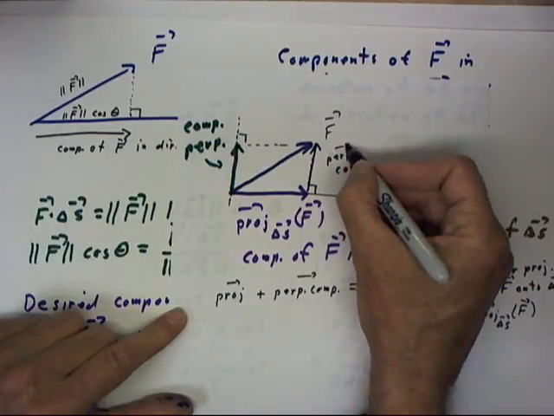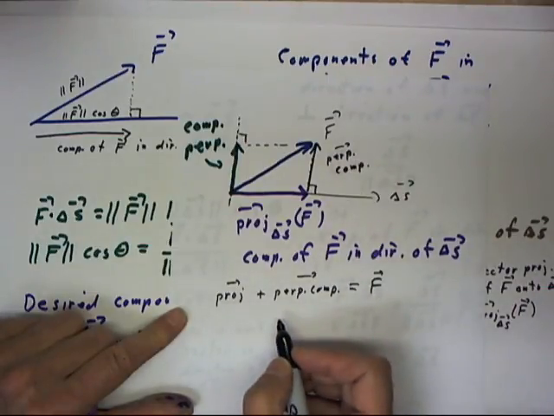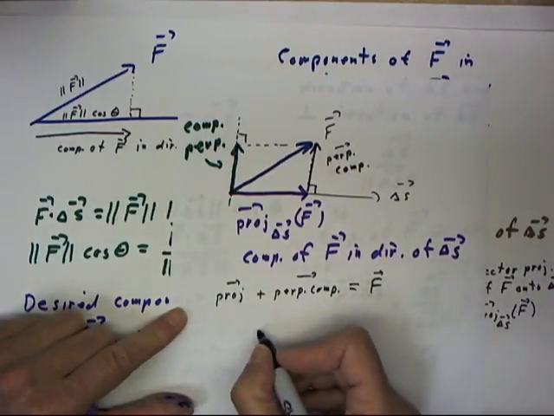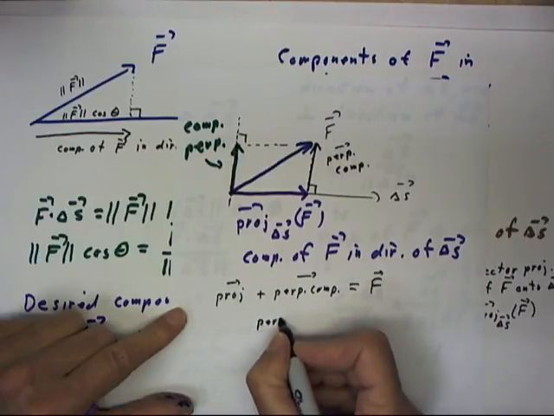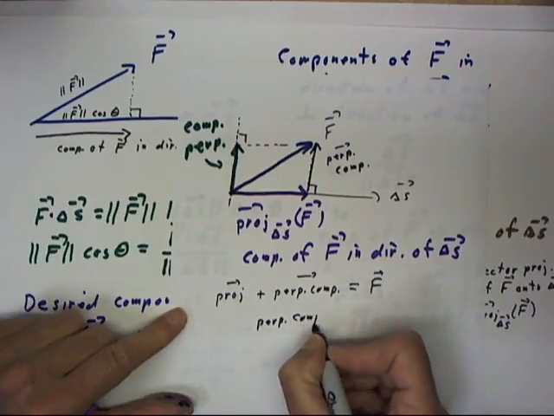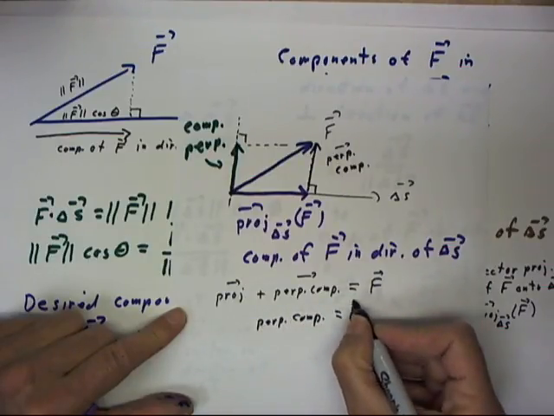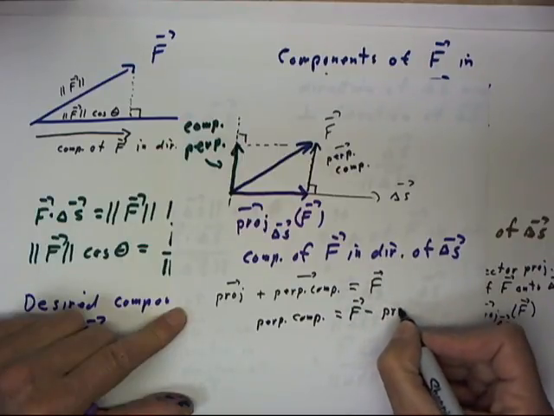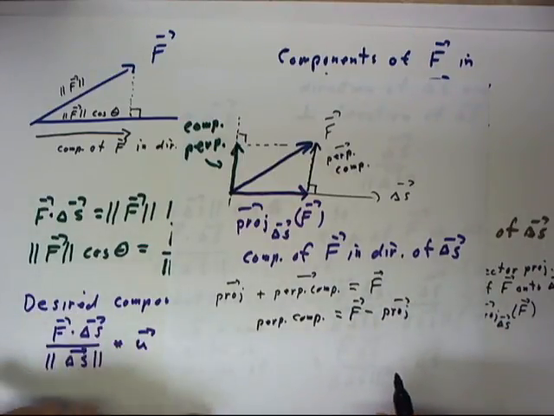Put a vector over perpendicular component, an arrow to indicate that this is a vector, and it follows then that the perpendicular component equals f minus the projection.